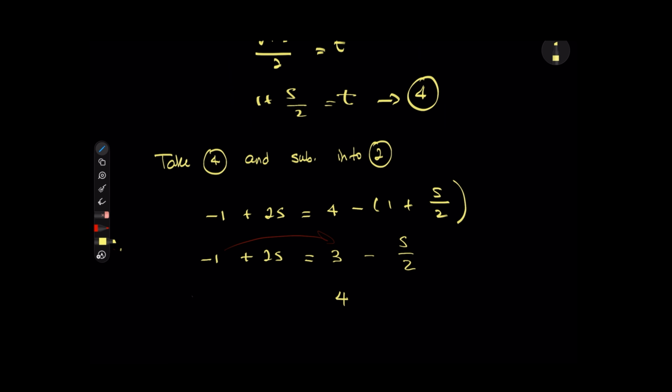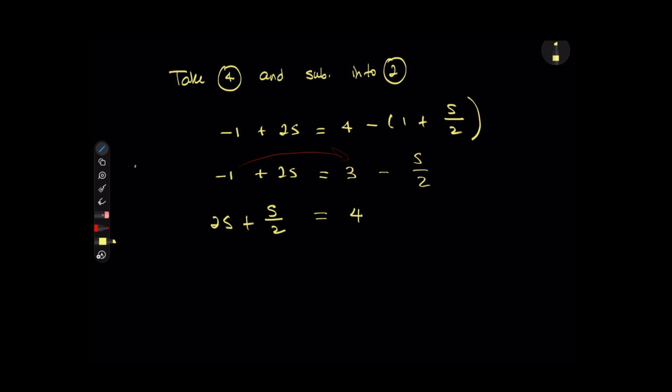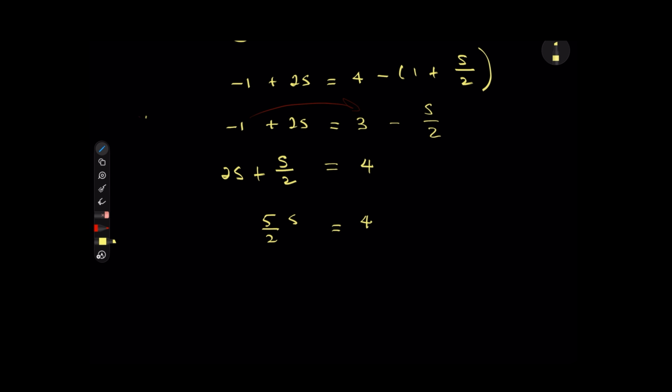And then 2s plus s all over 2 equal sign. And 2s plus s upon 2 is 5s upon 2, which is equal to 4. So I just need to solve for s now and multiply both sides by 2 upon 5. So I'll get 8 upon 5 is equal to s. So now I have what s is. So let's call this something like 5.